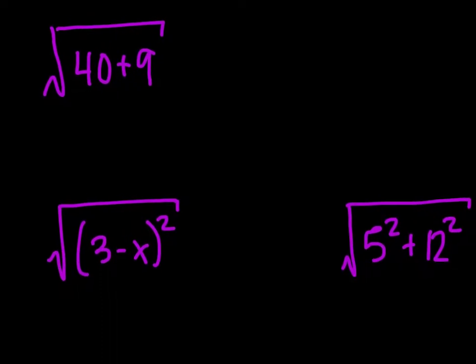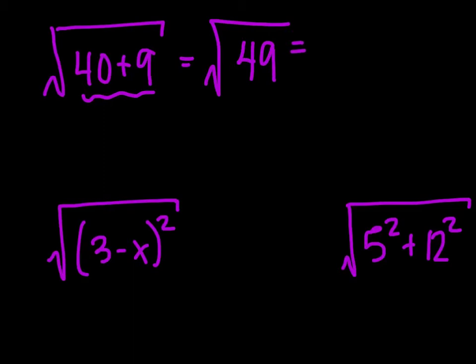Let's try our hand at a few expressions simplified. We have the square root of 40 plus 9. Think of a square root as a gigantic parentheses. And when we think of parentheses, we need to do the operation inside of that parentheses if we can. The square root of 40 plus 9 is essentially the square root of 49, and out comes my favorite number, 7.